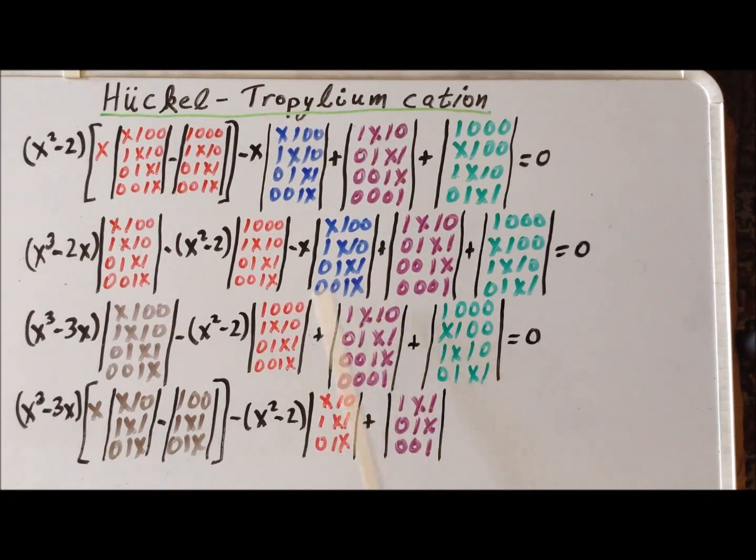For the purple 4 by 4 determinant, we expand now using the first column, only one non-zero entry, which gives us this 3 by 3 determinant. Lastly, for this step, for the green 4 by 4 determinant, we cleverly expand along the top, where we only have one non-zero entry, which gives us this green 3 by 3 determinant.